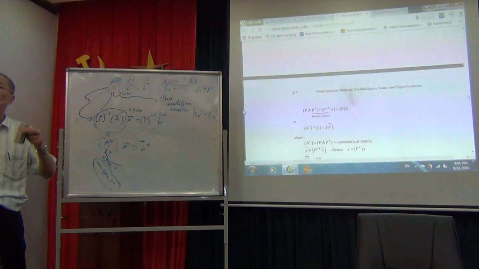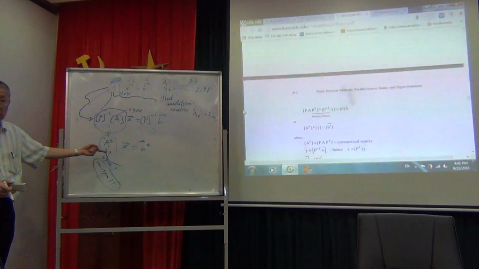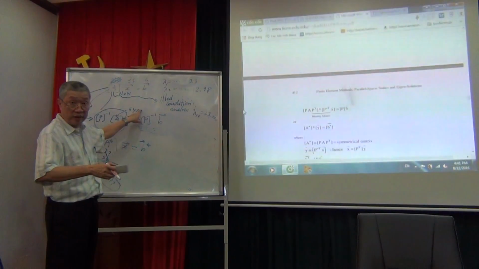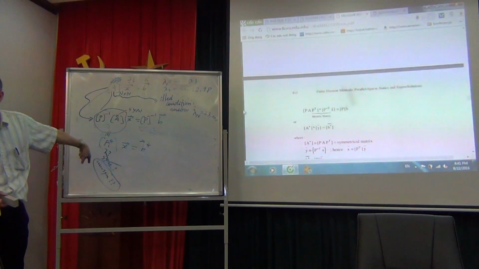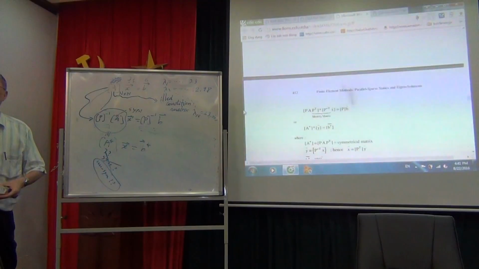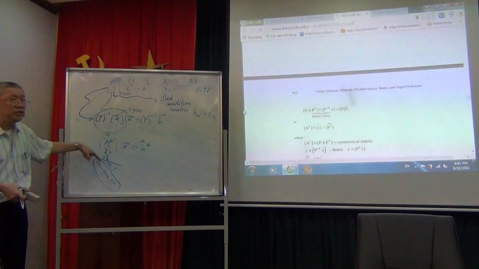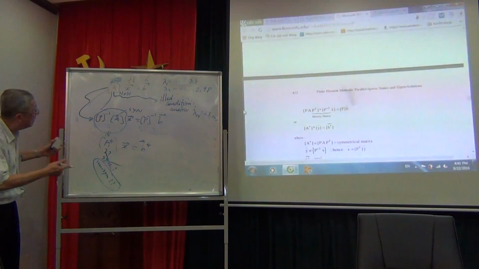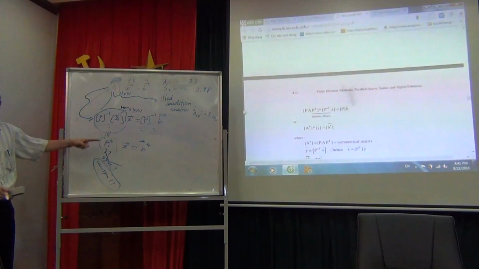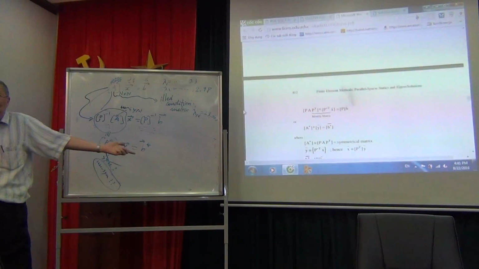Can you tell me in what situation this method is good? Do you understand my question? If the matrix A is symmetric, then this method is not good. You agree? Because it will destroy the symmetry property. So can you give me an example of a situation in which this is a good way to do? Well, if your matrix A from the beginning is unsymmetric, it becomes unsymmetric, you have nothing to lose.